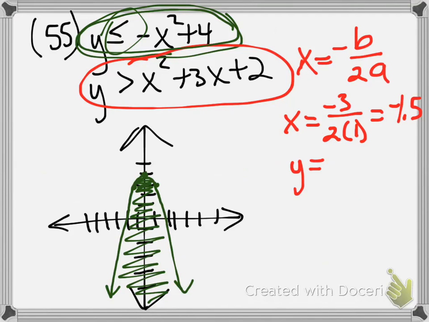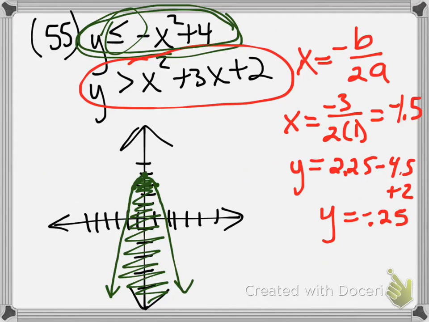And the y value for that is going to be 2.25 minus 4.5 plus 2 when you plug it into the calculator. So the y value is going to just be 0.25. Actually, that's a negative 0.25. So I would have 4.25 minus 4.5, so I have -0.25.